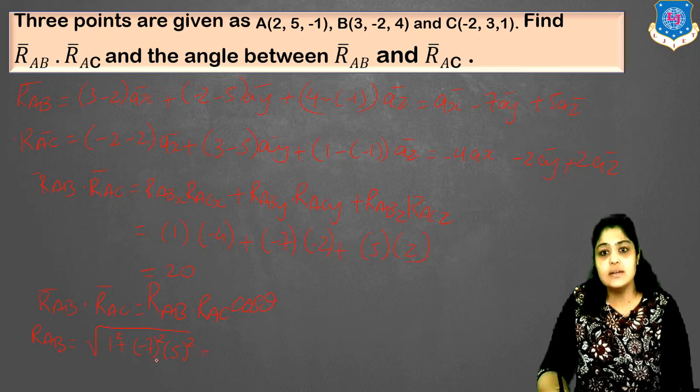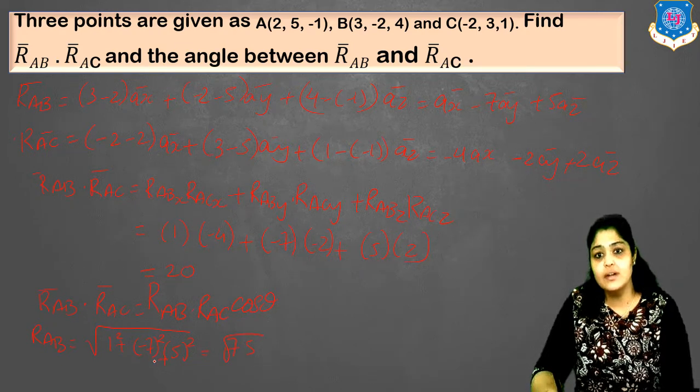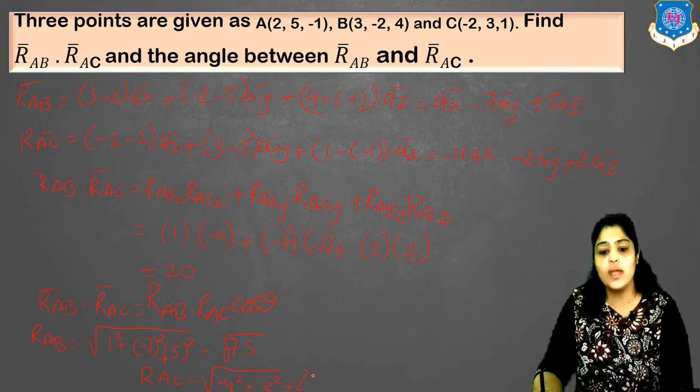This gives me the answer under root of 75. Similarly, I find out RAC as under root of minus 4 square plus minus 2 square plus 2 square. So this gives me the answer as under root of 24.